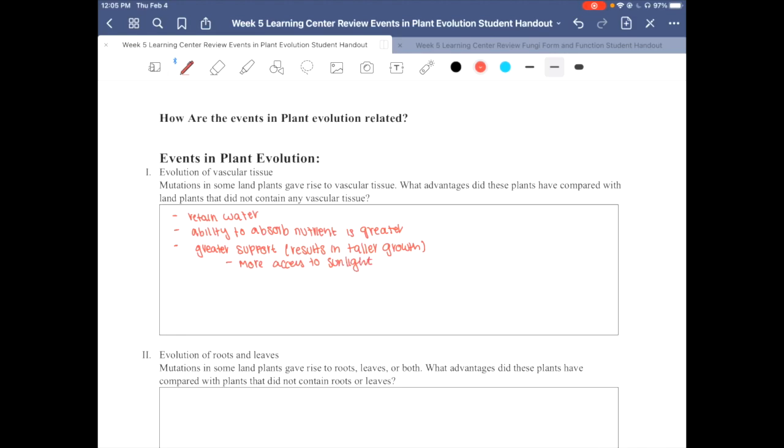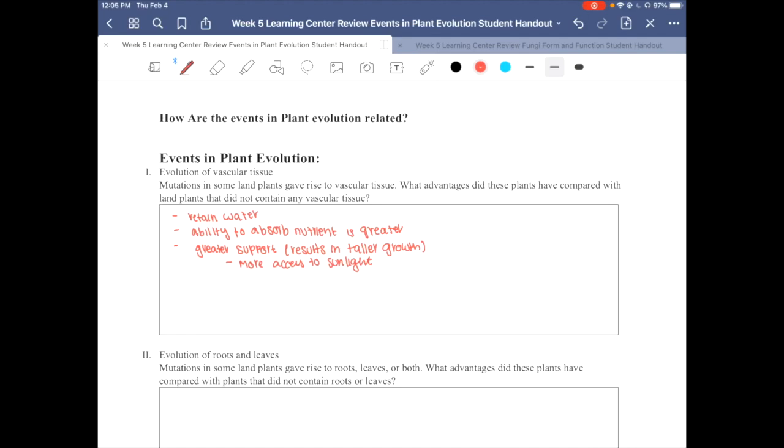Comment says that's turgor pressure, right? Are you referring to the greater support one? Because when you're vascularized, you also have turgor pressure, which helps you support yourself up against gravity and move water against gravity.